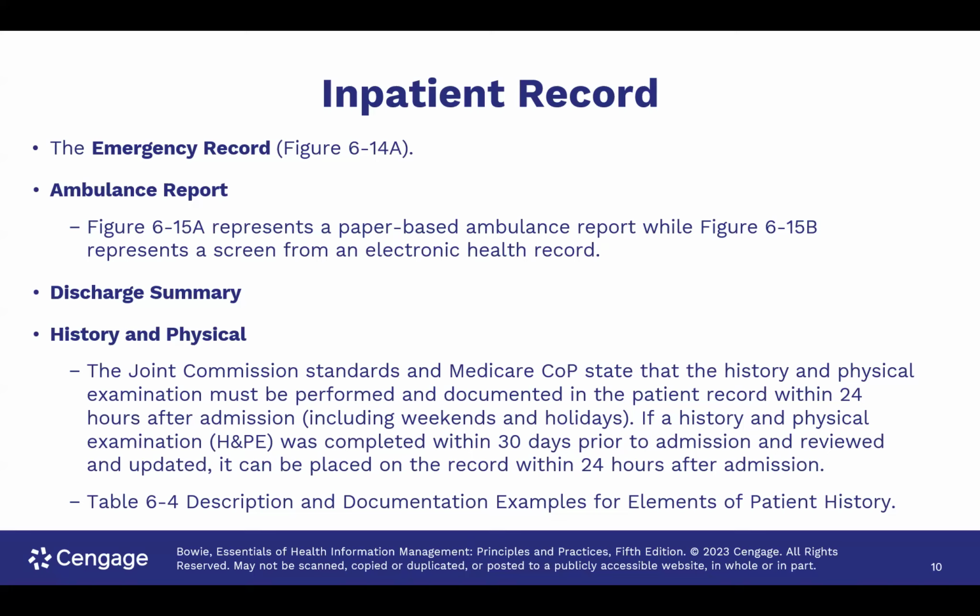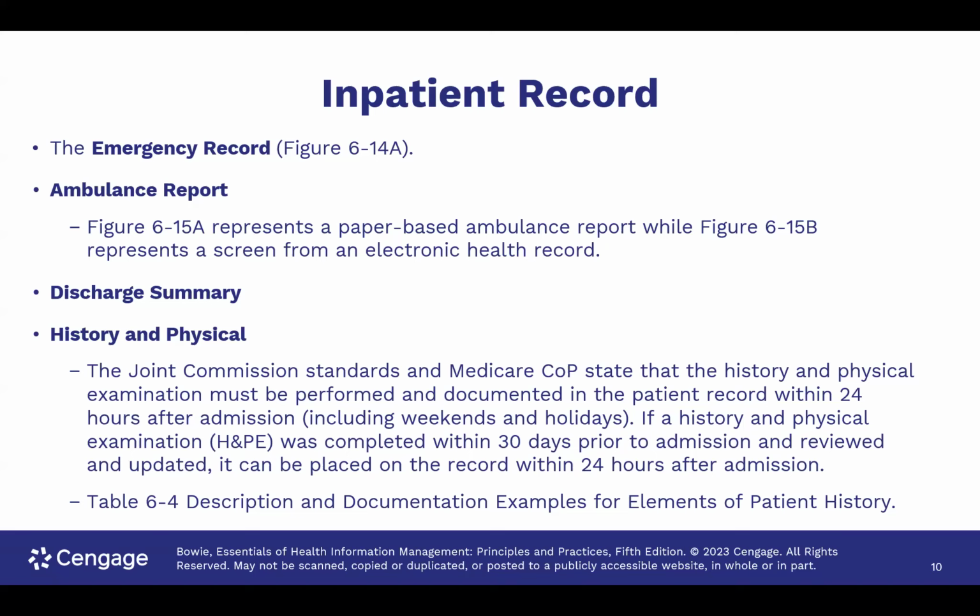Okay, we talked a little bit about the inpatient record, but some other things that you can expect to find in the contents of a hospital record would be an ambulance report, right? An emergency room report, and that would be true if a patient especially is admitted.